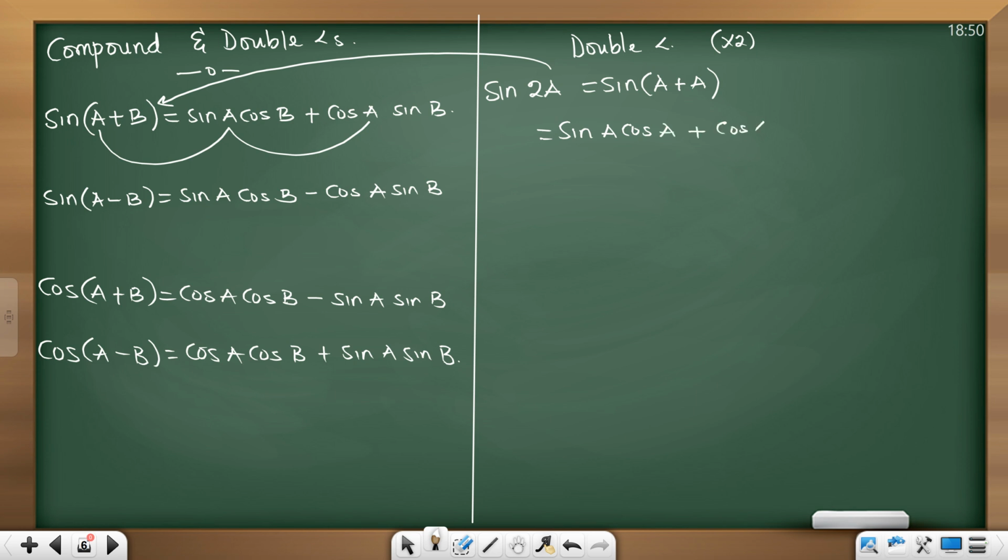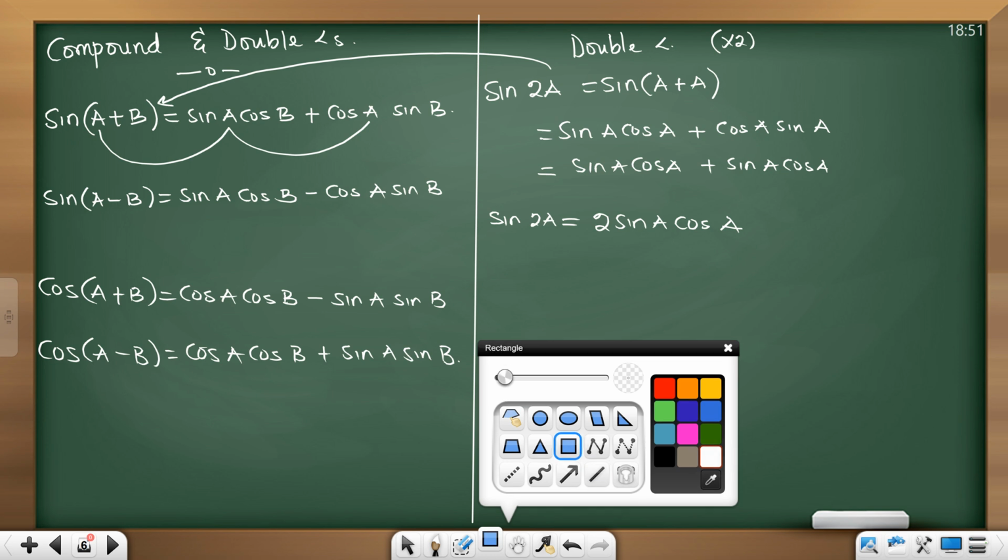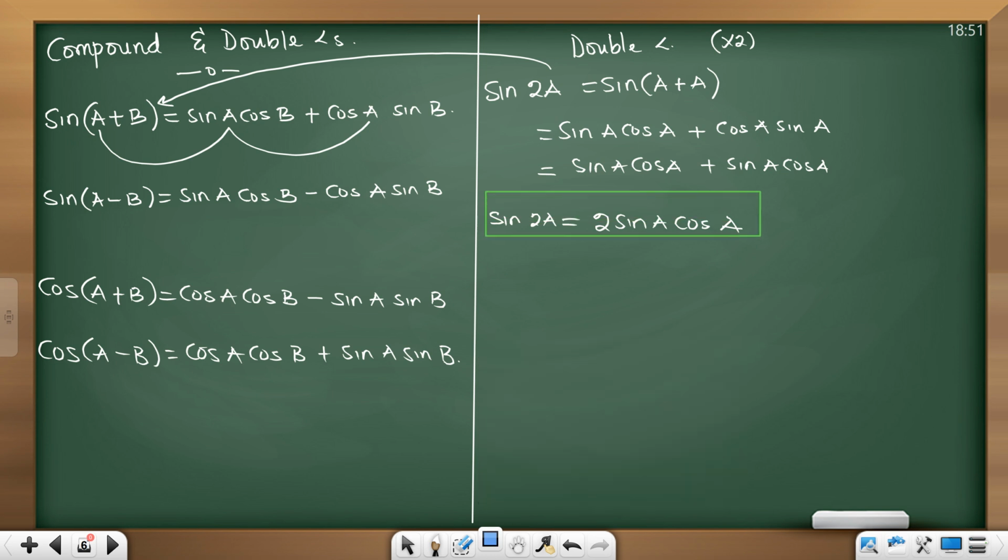I go to some schools and I see that. But don't you notice that those are like terms? I could have just rearranged: sine A cos A plus sine A cos A gives me 2 sine A cos A. This formula is also provided on the formula page. There is no need to cram it, but know it.